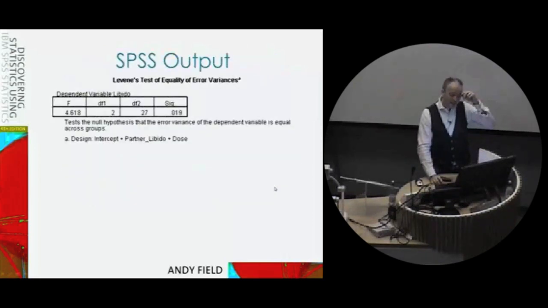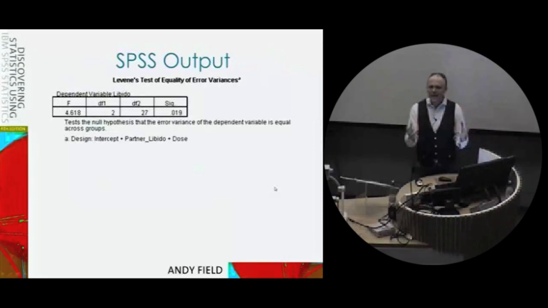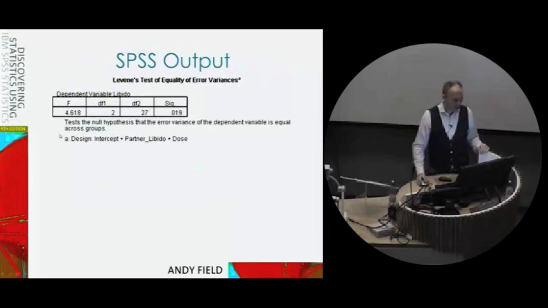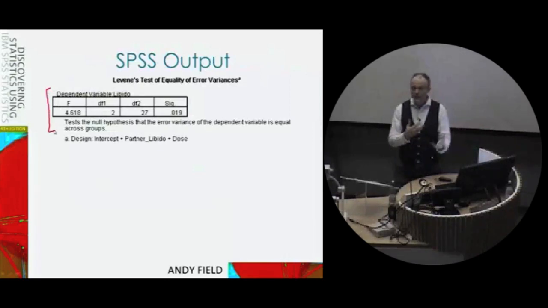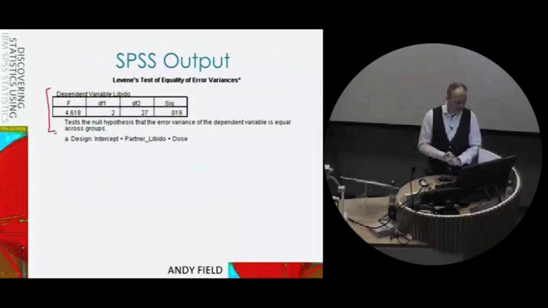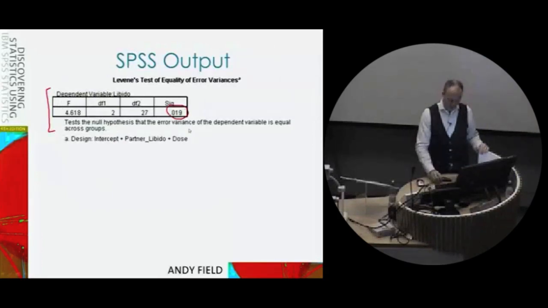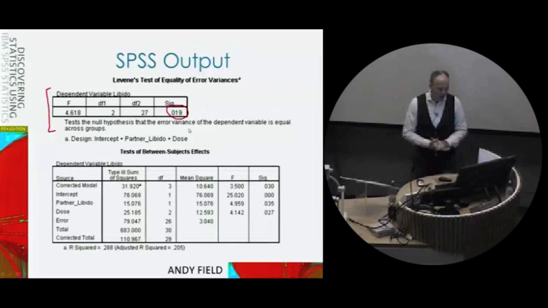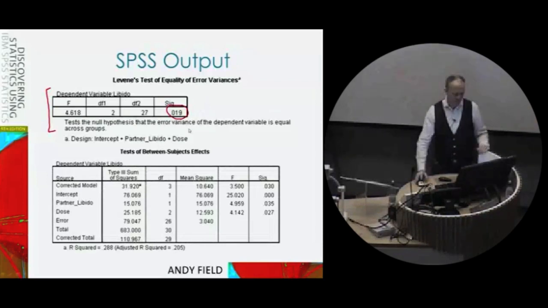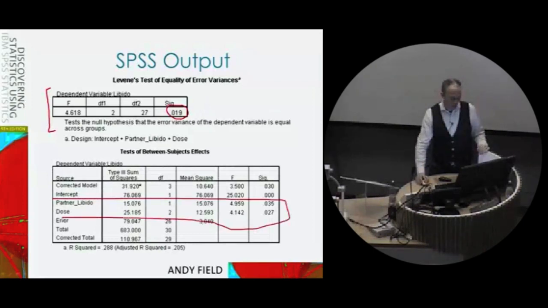Once we run the analysis as an ANCOVA, we get all the same sort of output that we get with a normal ANOVA. So you'd get a Levene's test if you wanted to look at that, which would tell you if the assumption of homogeneity of variance has been met. In this case, it hasn't, because that's significant. But what I want to focus on is the effect of the variables that we've put in.